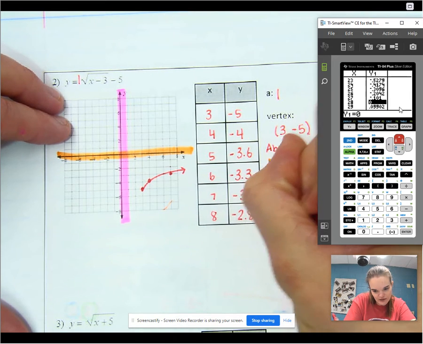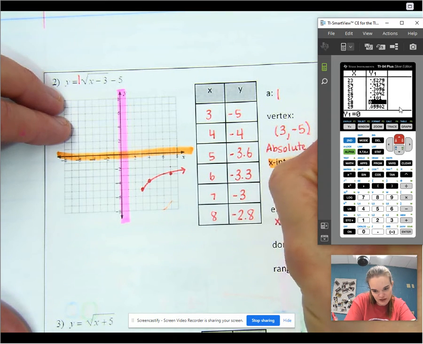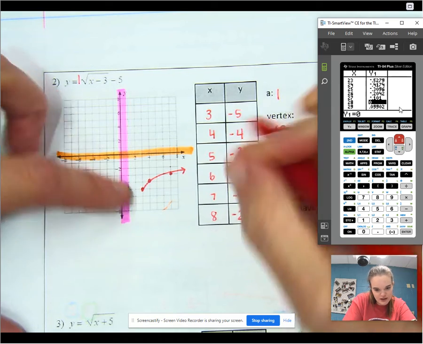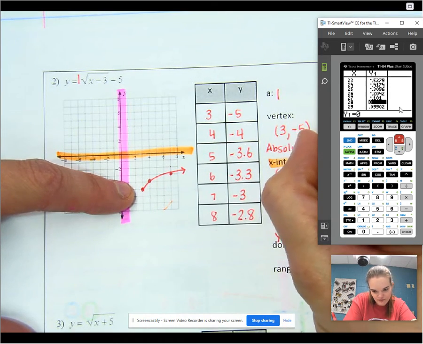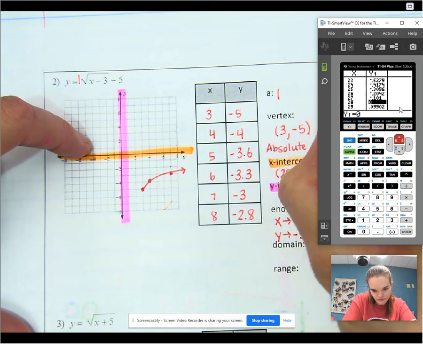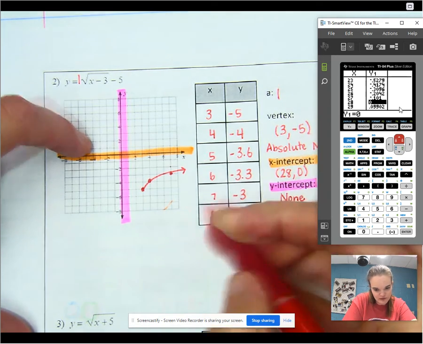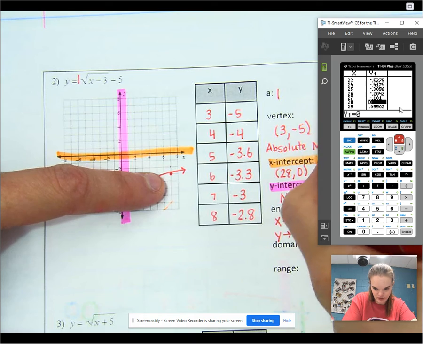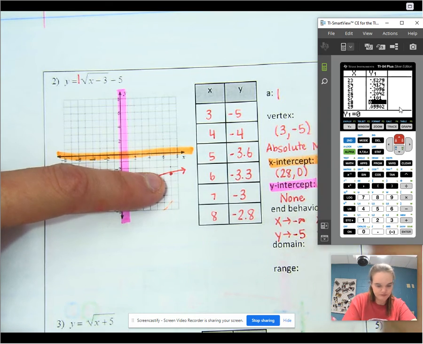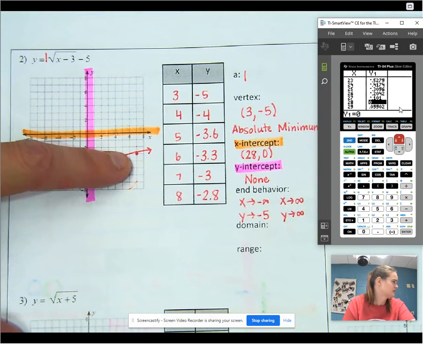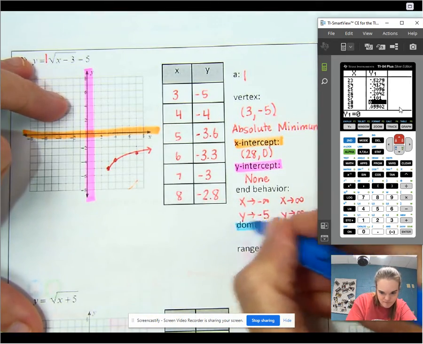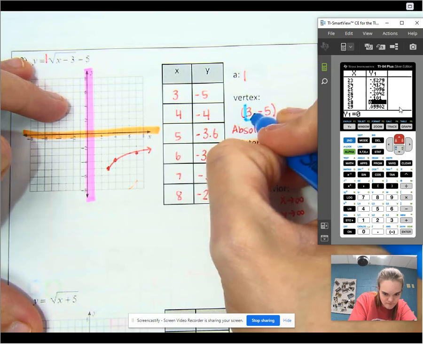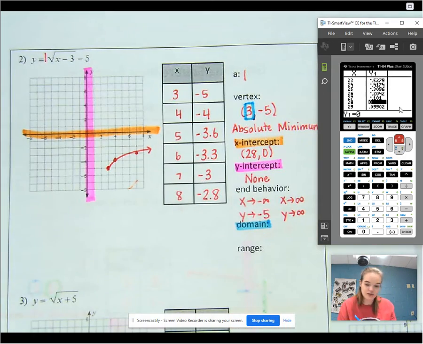The end behavior, as x goes towards negative infinity, y is going to stop at 5, negative 5. As x is going towards positive infinity, y is going to keep going towards infinity. The domain... I think I switched those colors on accident, but oh well.